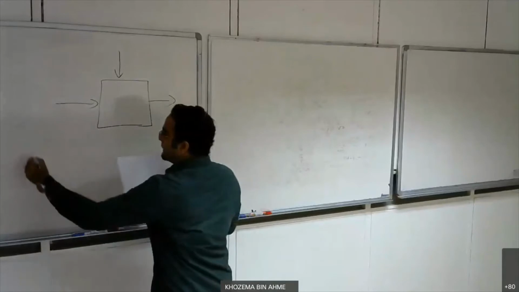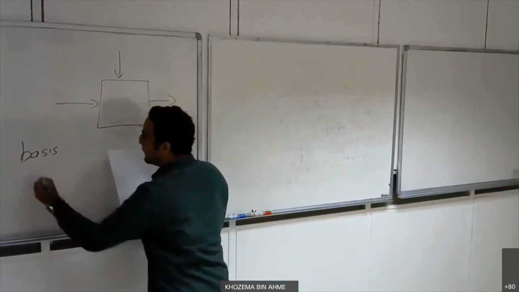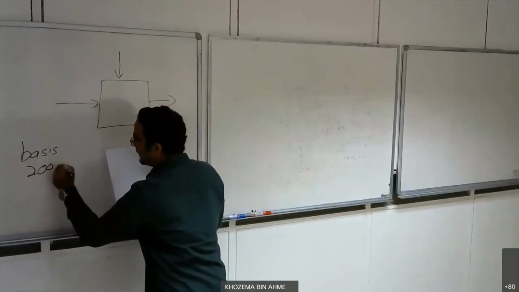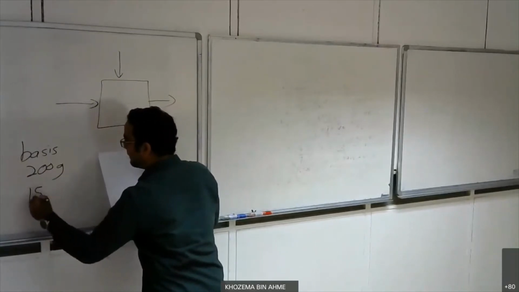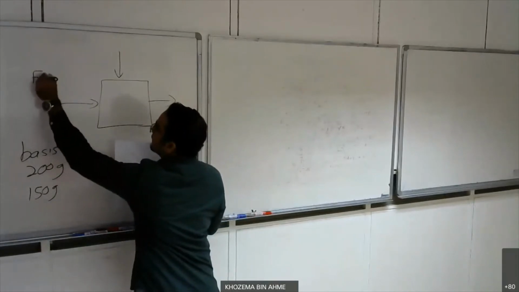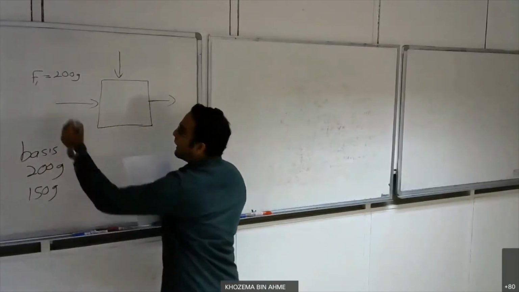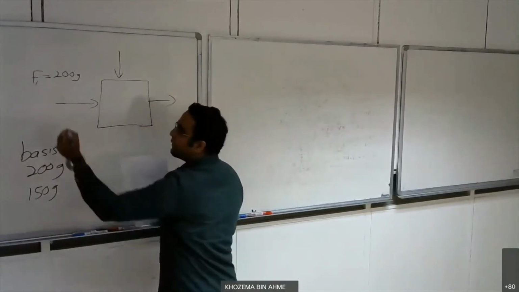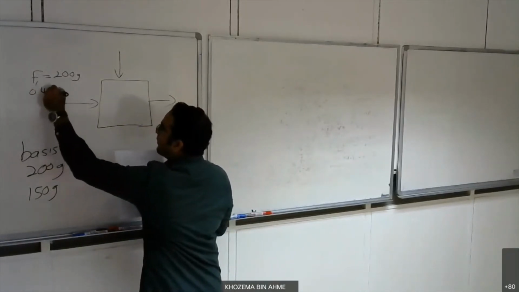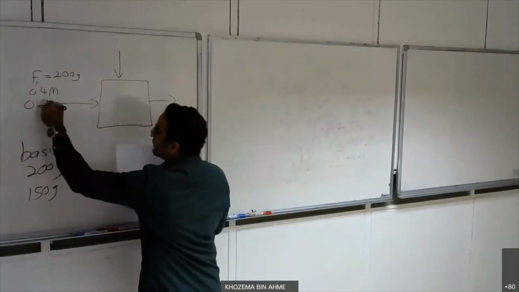Okay, basis, since I have two values, I'm using both 200 gram and 150 gram. This is my F1 equal to 200 gram, and I know that I have 40% or 0.4 weight percent methanol, and the rest is water.